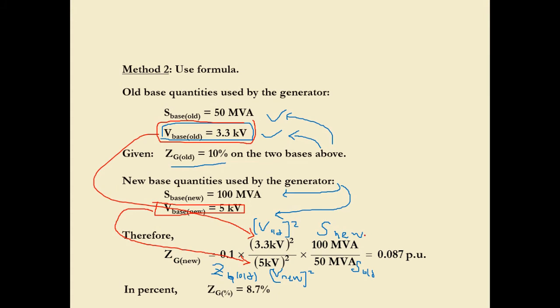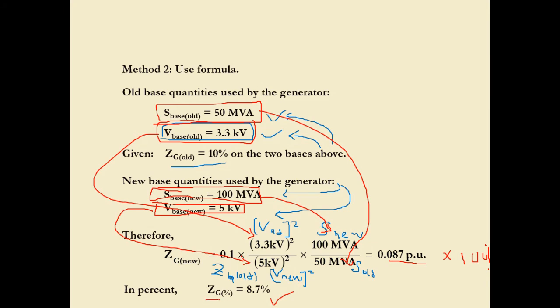So this is the base value new from here, and then take the old value of S base, which is 50 MVA. Put it down. Then giving the value of 0.087 PU, and in order to convert to percent, multiply by 100%, 8.7%.